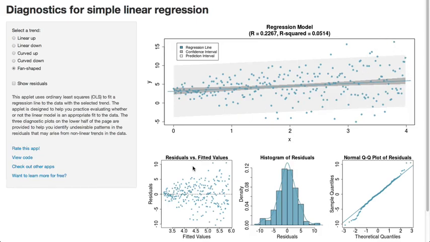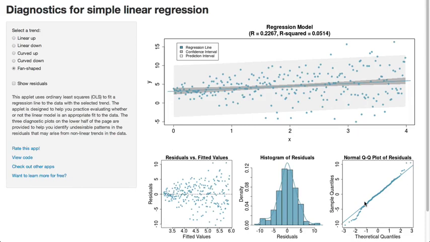This yields what we call a fan-shaped residuals plot, where we can clearly see that as the x increases, the variability of the residuals increases as well. The histogram of the residuals looks fairly symmetric, and it's centered at 0, but looking at the normal probability plot, we can see that we're actually steering quite a bit away from normality.